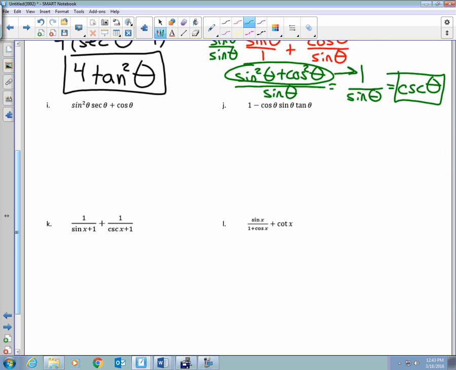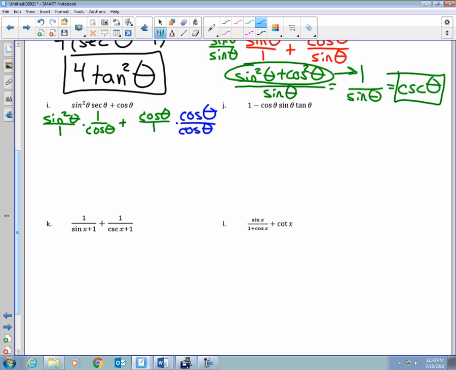Letter I is going to fall very similar to that. Sine squared of theta over 1 times 1 over cosine of theta plus cosine of theta over 1. Again, I have a sine squared, but I don't have a cosine squared. If I multiply the top and bottom by cosine, that would give me cosine squared, wouldn't it?